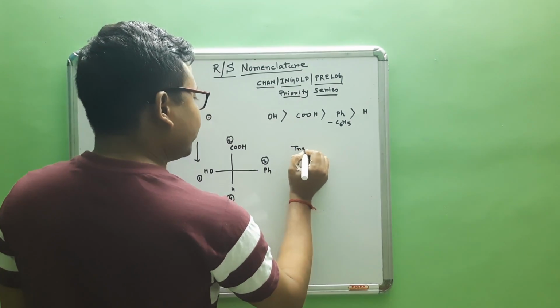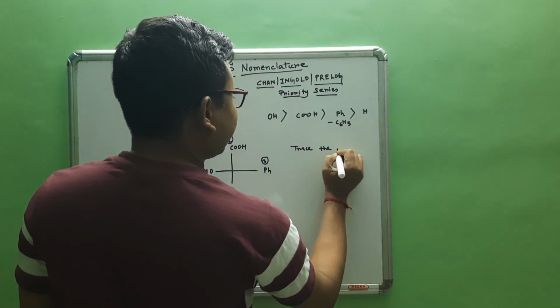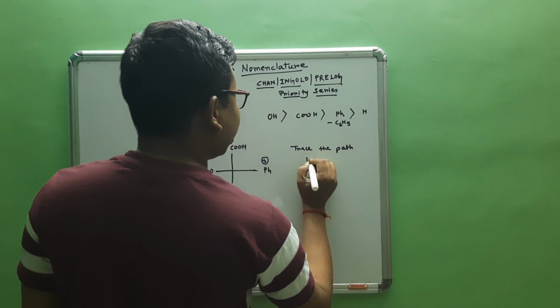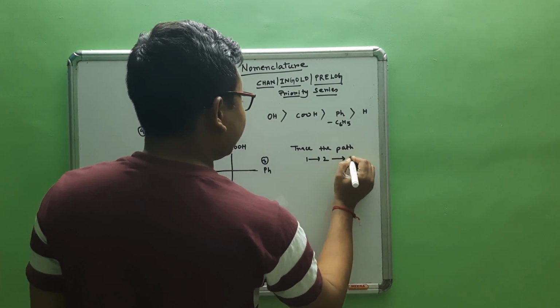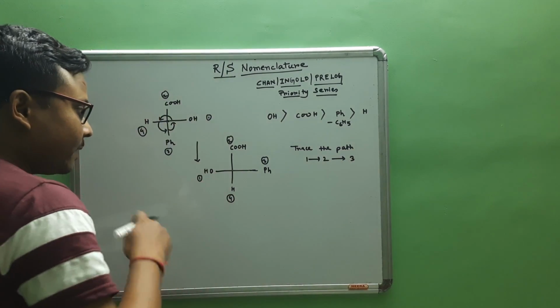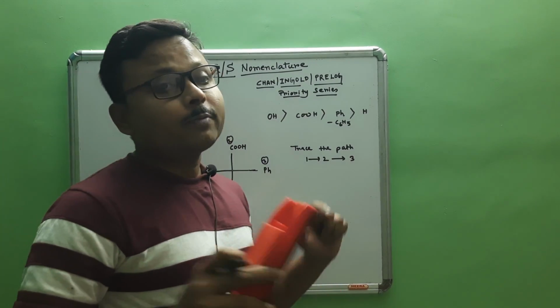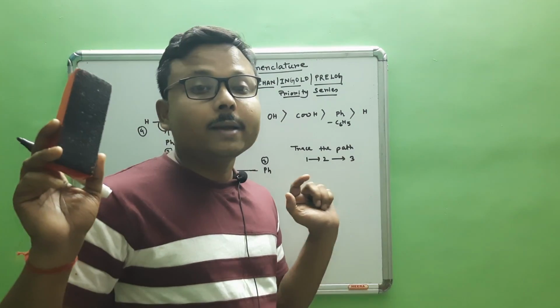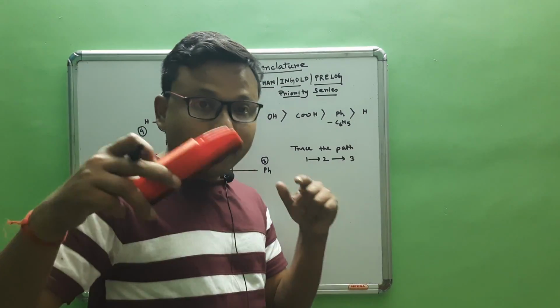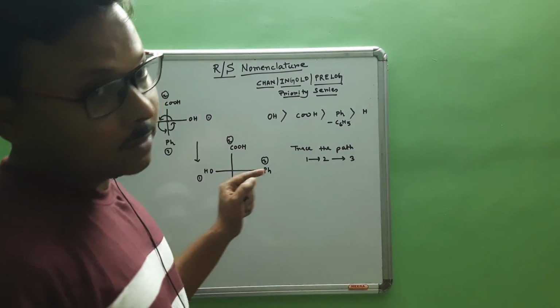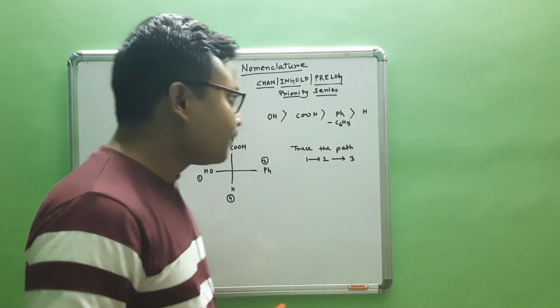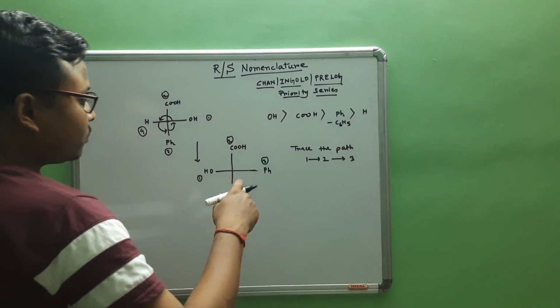Now trace the path 1 2 3. ओके, सो यह क्या था? यह लोएस्ट प्रायोरिटी ग्रुप जो था ये वर्टिकल बॉन्ड में नहीं था. तो लोएस्ट प्रायोरिटी ग्रुप was not in the vertical position. So we have to make the lowest priority group in the vertical position by rotating the molecule. Okay, so now trace the path 1 2 3.